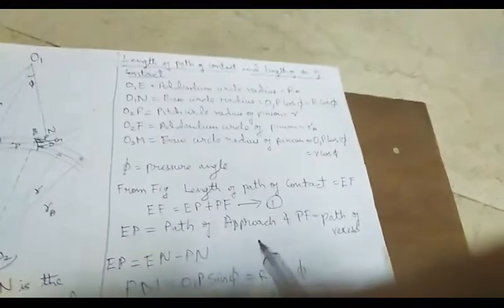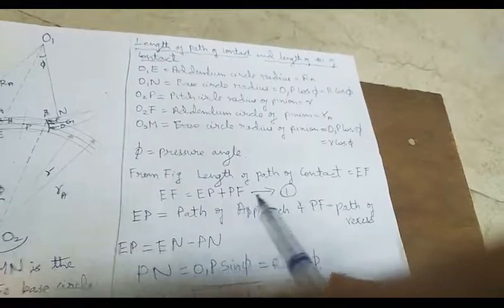Now we shall substitute equation 2 and equation 3 in equation 1. We have EF is equal to EP plus PF.